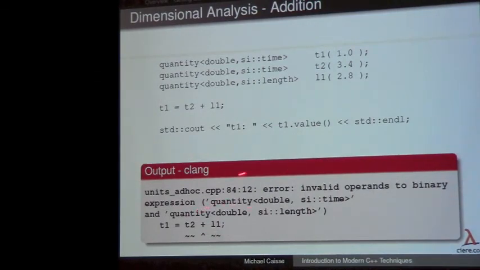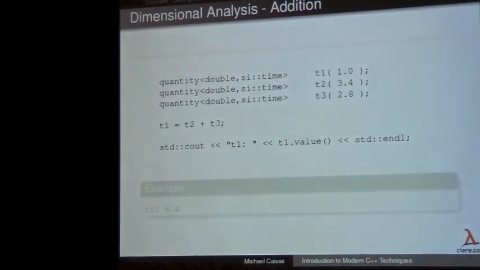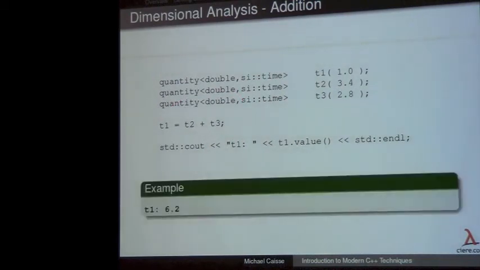And then it's trying to tell me a little bit about it. This quantity time and quantity length, it doesn't know what to do. One of them's a time, one of them's a length. So I've done nothing else, and the compiler's already being very nice and telling me a lot of things. All right, so let's fix it. We're going to add times together, and bam, we get time. All right, so we can add.